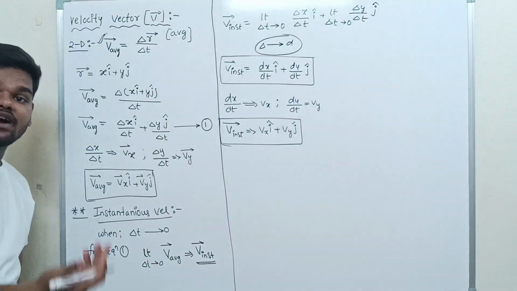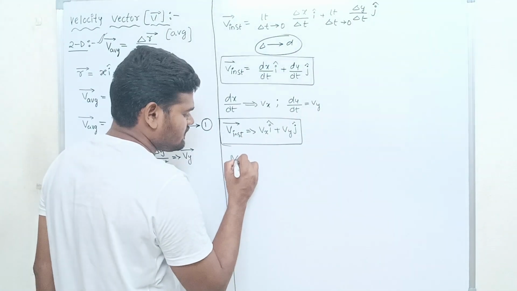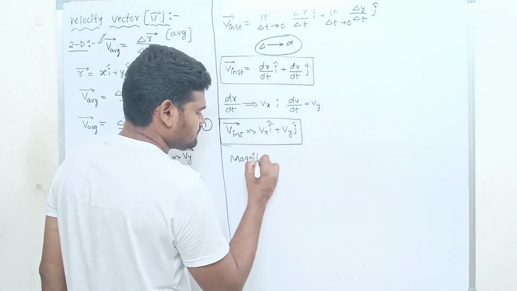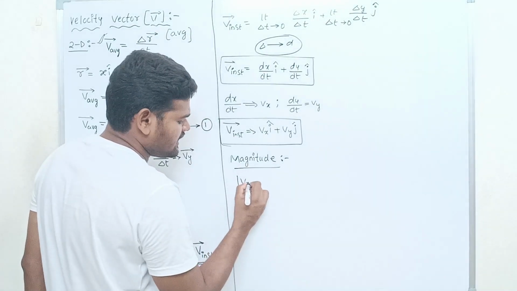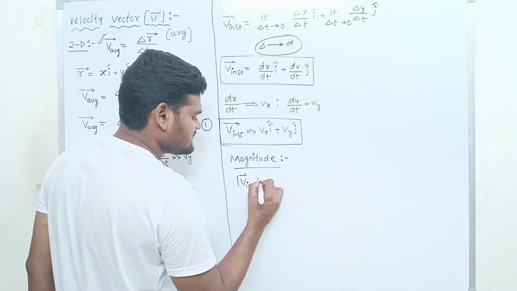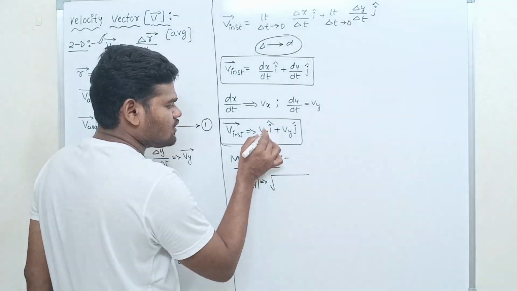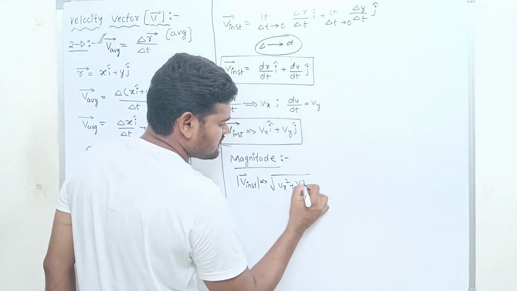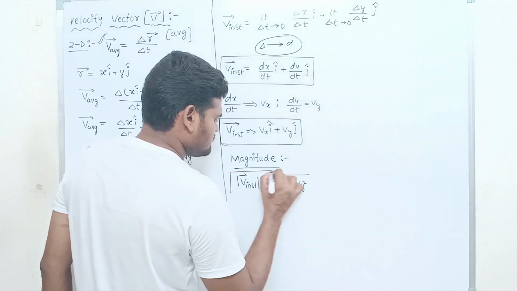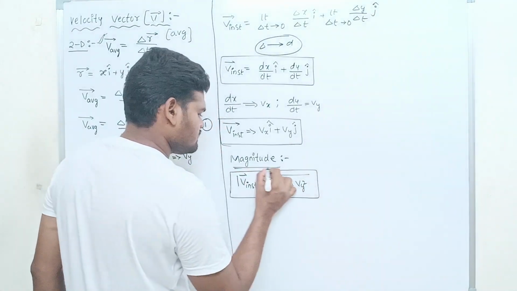Now if you want to find its magnitude, just apply mod. So the magnitude of V instantaneous is equal to the square root of the coefficient of i cap squared, Vx squared, plus the coefficient of j cap squared, Vy squared.